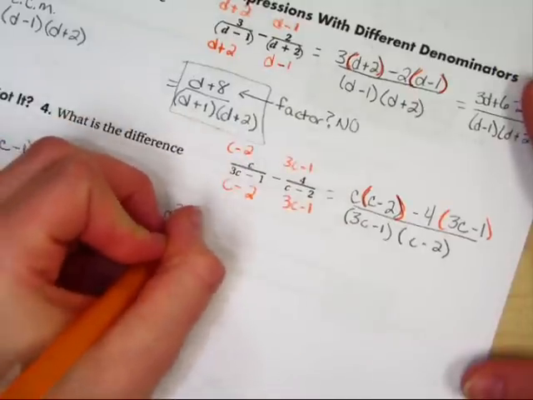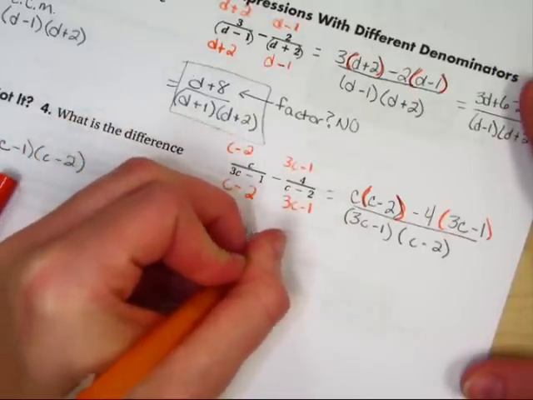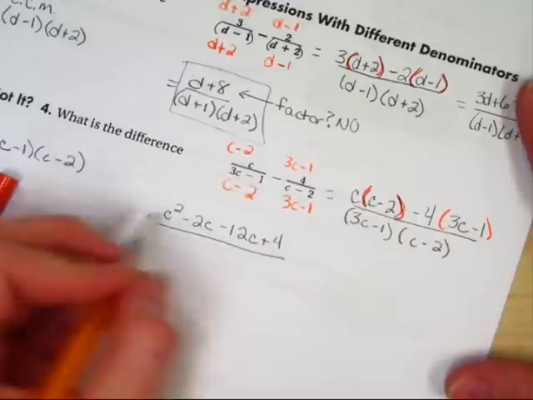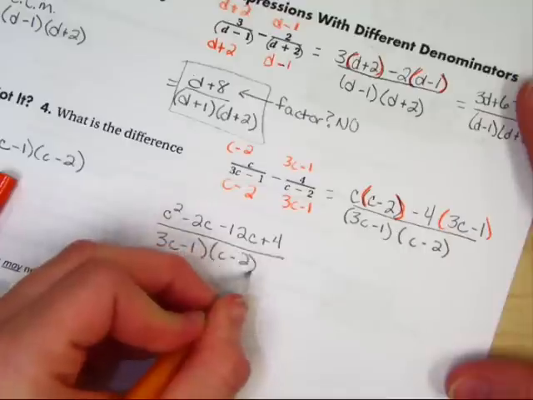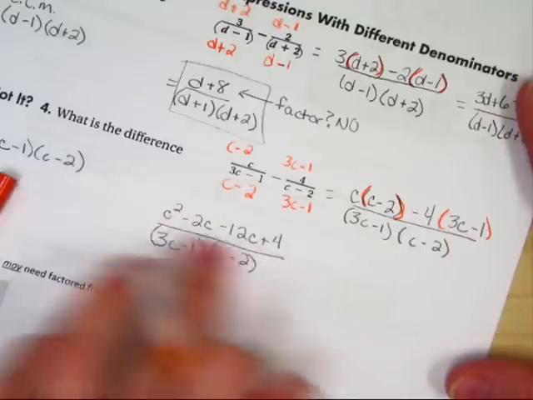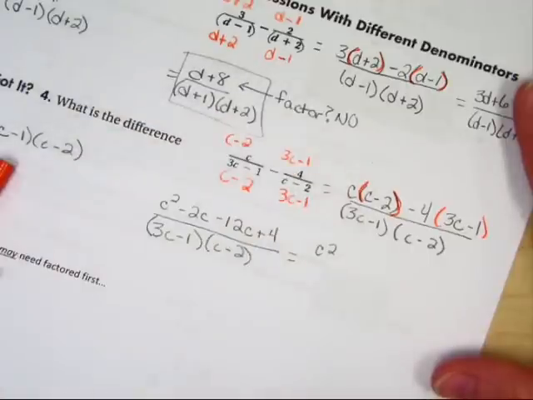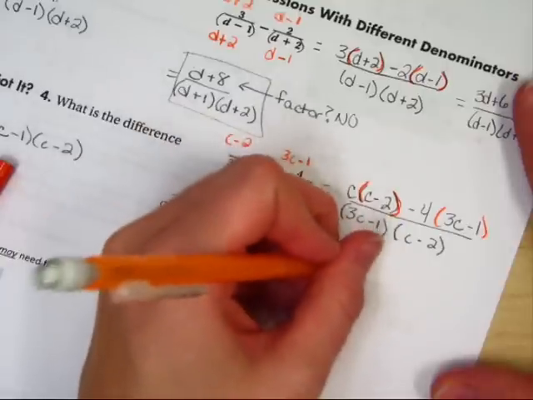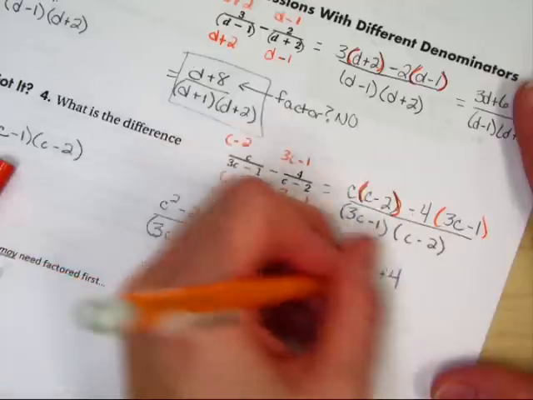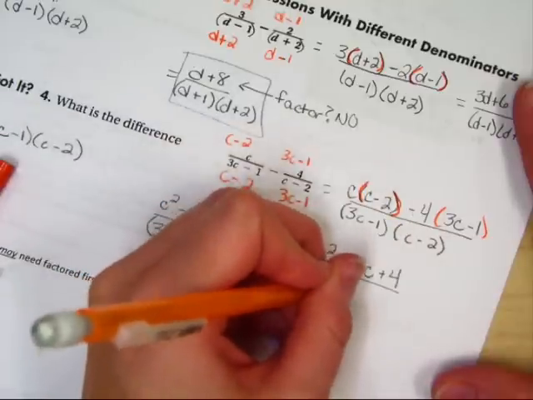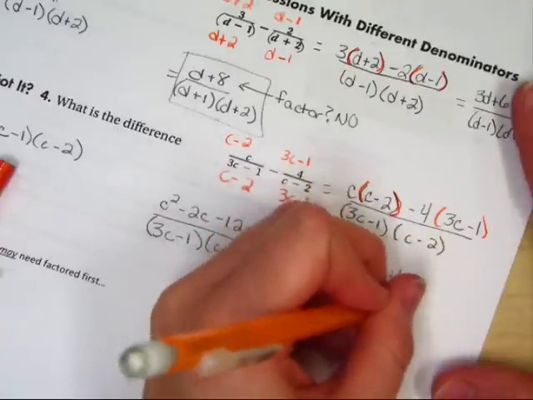C squared minus 2c minus 12c plus 4 over 3c minus 1, c minus 2. Combine your like terms on the top. C squared minus 14c plus 4 over 3c minus 1, c minus 2.